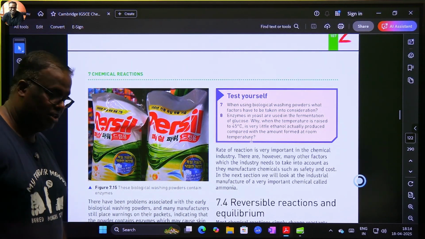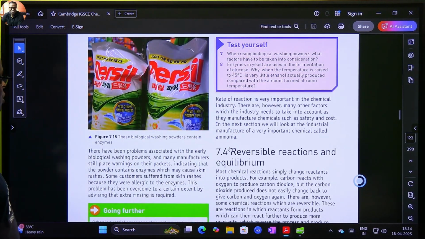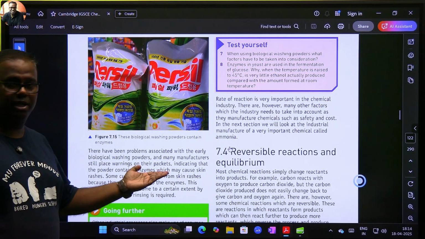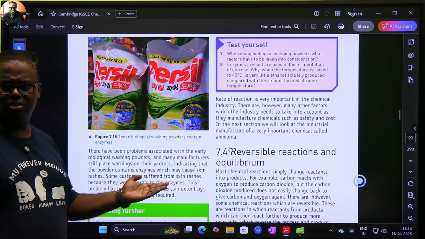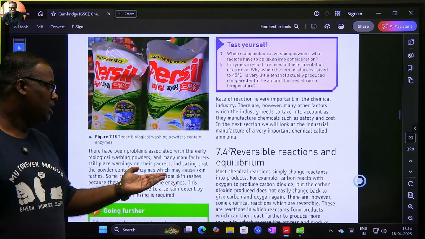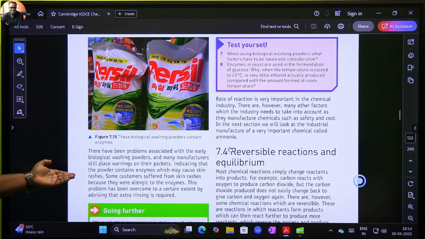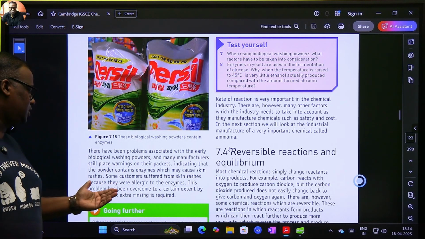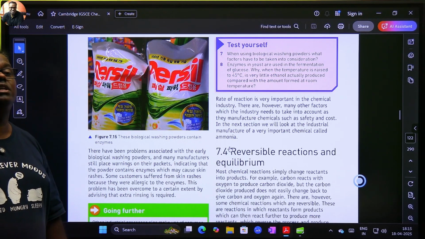There have been problems associated with the early biological washing powders, and many manufacturers still place warnings on their packets, like on bleach. I hope you know Rin, Ala and all those are bleach. The warning indicates that the powder contains enzymes which may cause rashes. Some customers suffer from skin rashes because they were allergic.